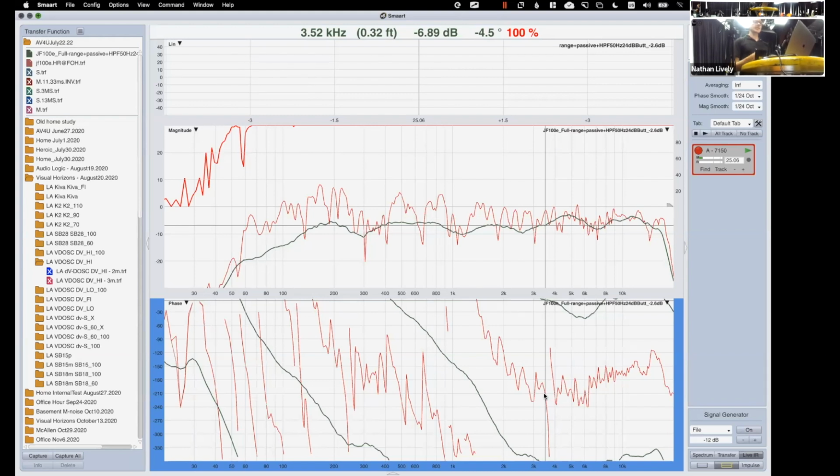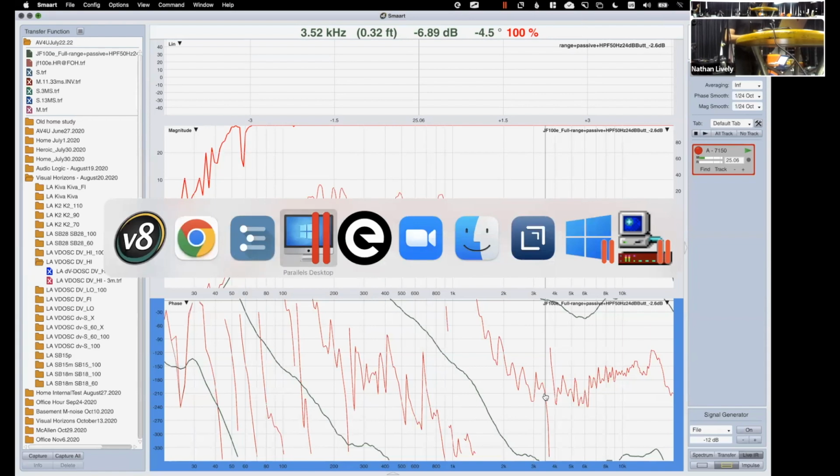So you cannot change the data in Smaart. So if you want to look at these on top of each other, then we either need to take out the polarity inversion or we need to switch to another audio analyzer. So let's actually just take it out for a second.